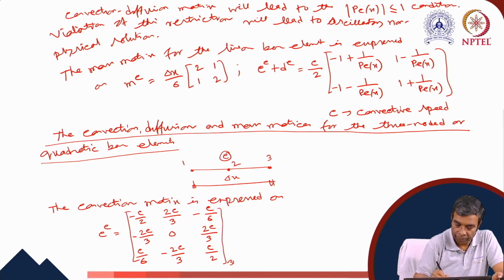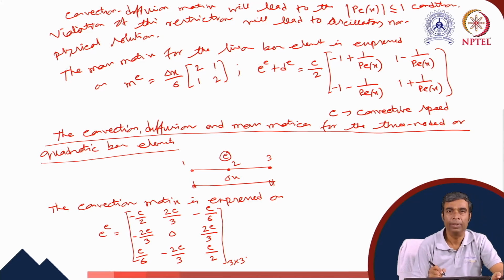This is the convection matrix of the size 3 by 3.